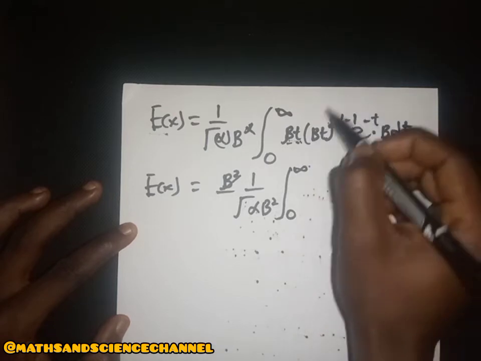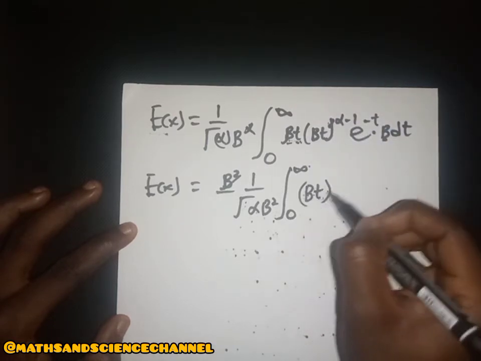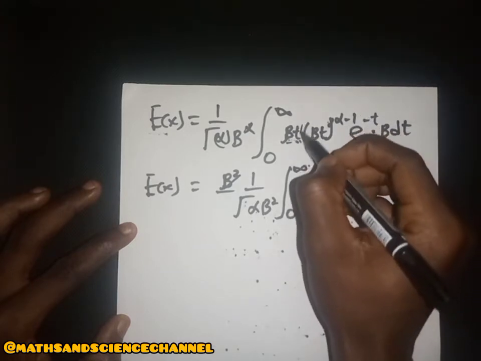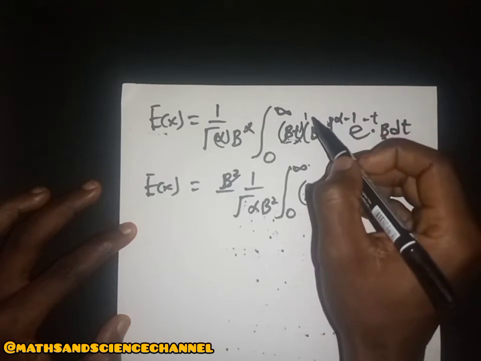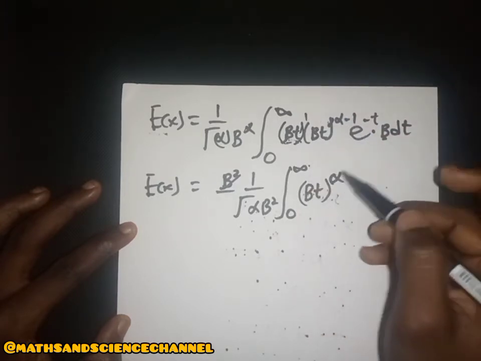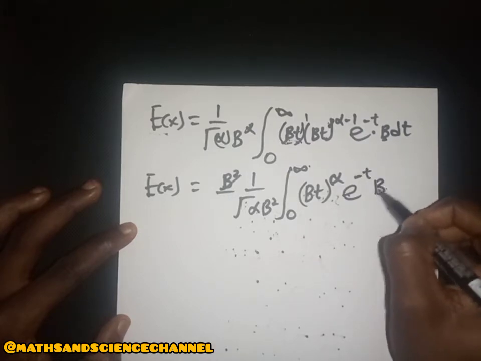Since the bases are the same, we just add the exponents, so we have this to be beta t here, and then we are left with alpha because we add minus 1 plus 1, because this is also to the power 1, which is just going to give us alpha, and then we have e to the power minus t here, and then beta dt.